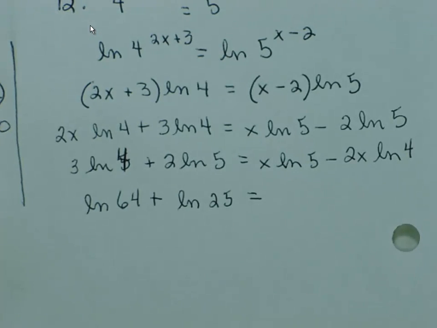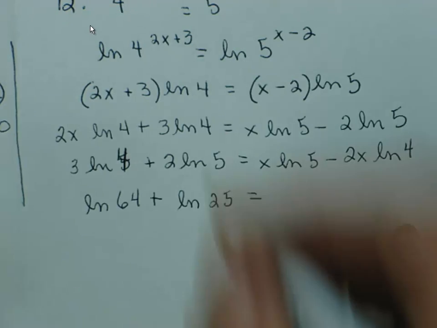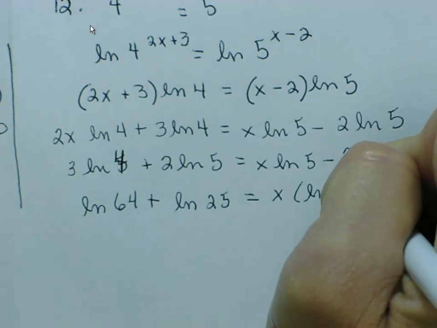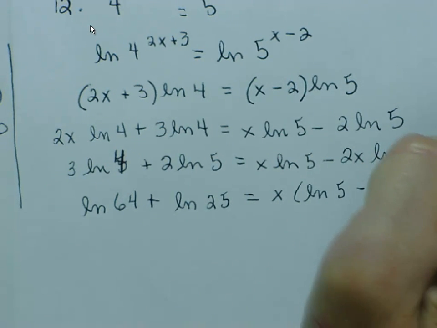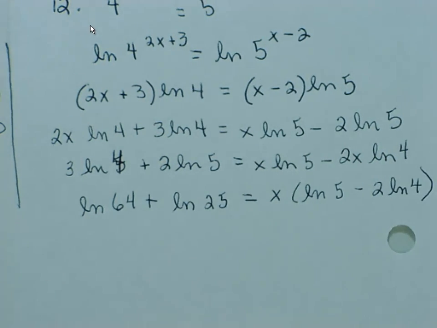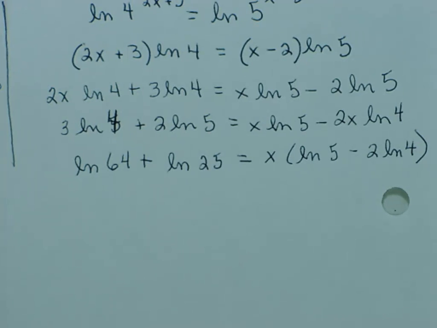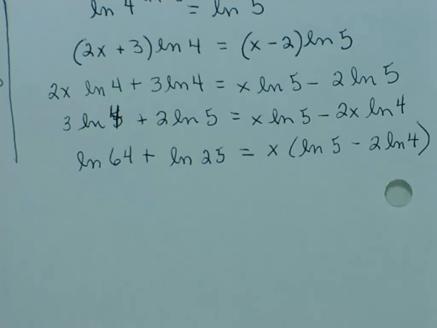Is everyone okay with that left-hand side? On the right-hand side, factor out an x. And then, again, looking forward to punching this on the calculator, what's the more simple way I could write that left-hand side?